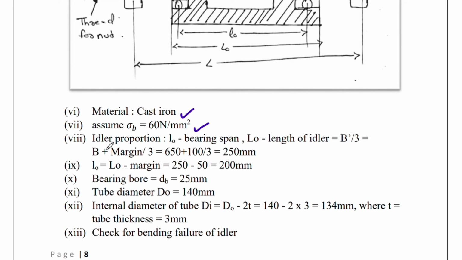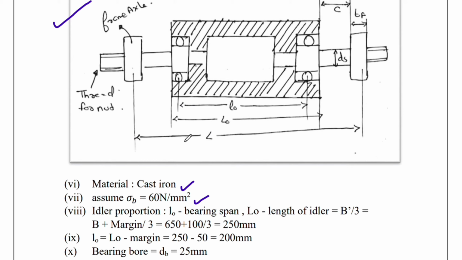Then we move on to idler proportions. Small LO indicates the bearing span, and capital LO indicates the length of the idler. The length of the idler is B dash by 3, where B dash is B plus margin.